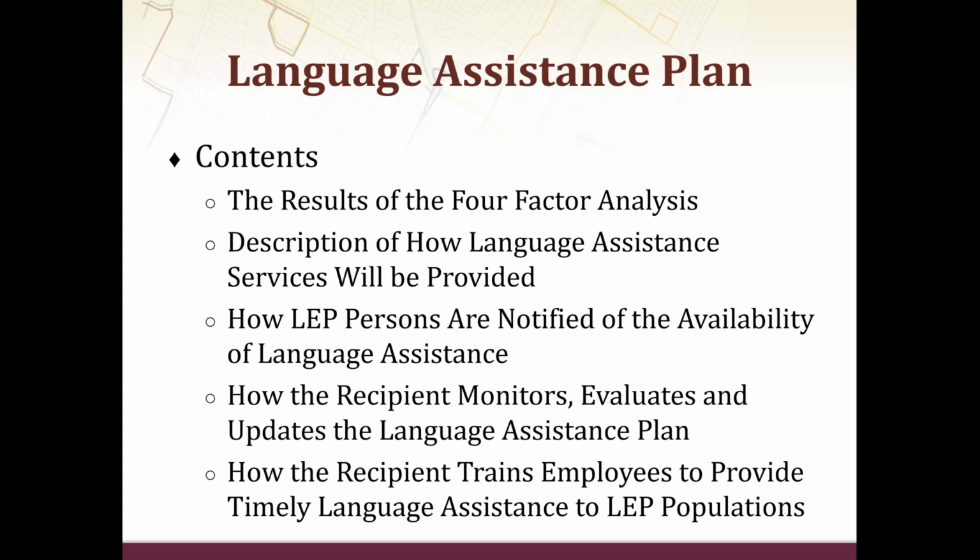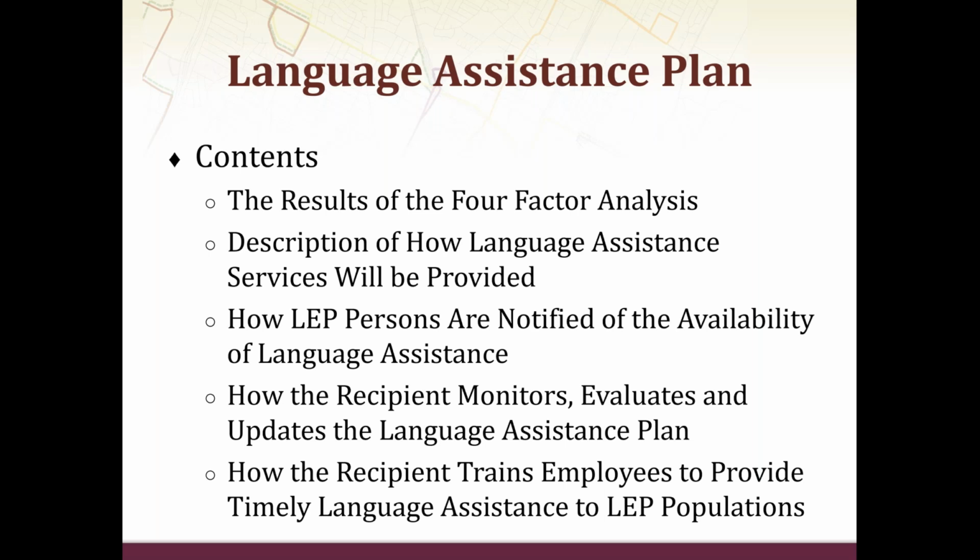You also want to take advantage of opportunities like public hearings and working with local organizations to make sure that everybody knows they have protections in place against being discriminated against. The language assistance plan is the place where you outline what your approach is going to be for that.